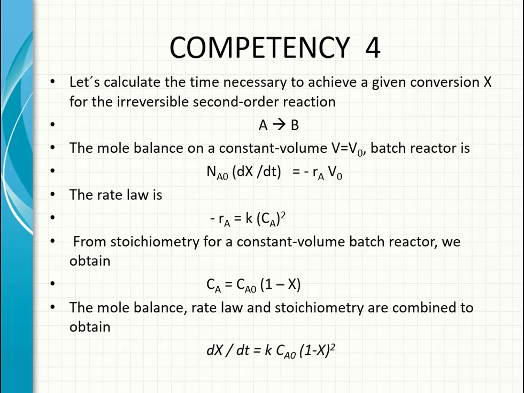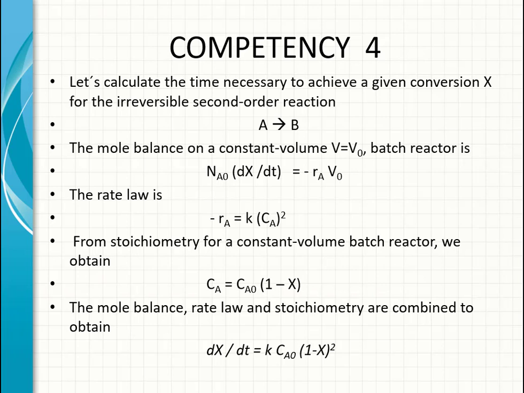And from stoichiometry, for a constant volume batch reactor, we obtain Ca equals Ca0 times (1 minus X). And the mole balance, the rate law, and the stoichiometry all together give that dX/dt is equal to k Ca0 times (1 minus X) squared.